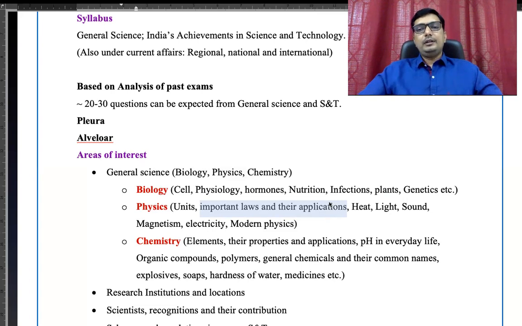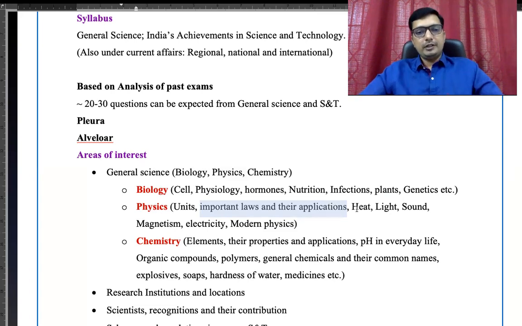Hooke's law is very commonly asked in the exam. And Archimedes' principle, Newton's laws, the very famous Newton's third law. So those types of laws and their applications are a key principle. You don't have to derive the formulas for this. A basic quick statement on it, and what types of applications are built based on these laws, are important.